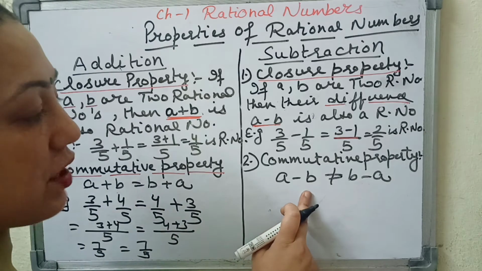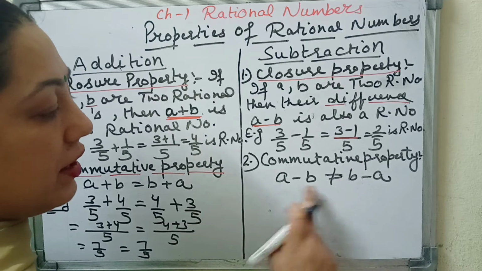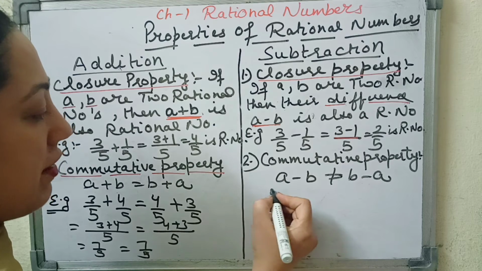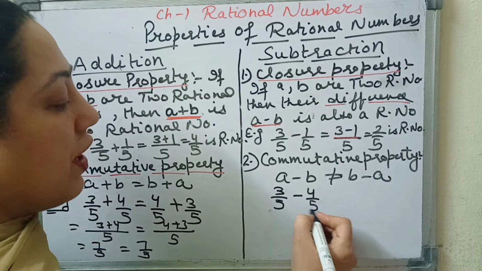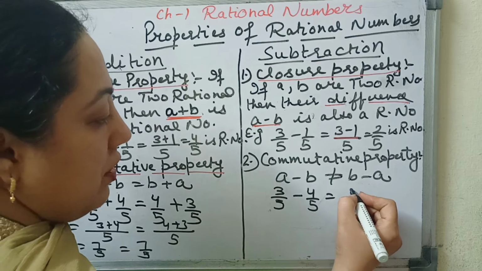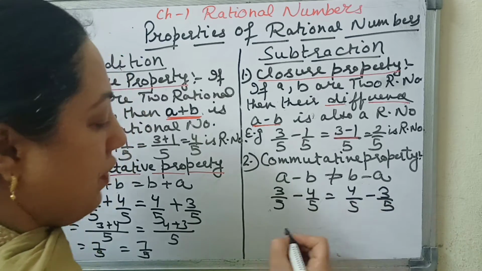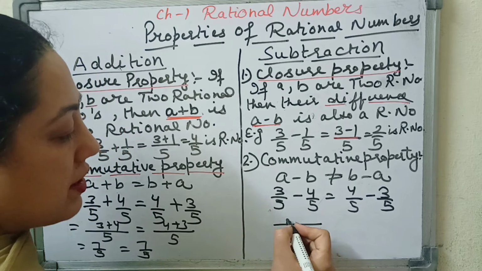But in case of subtraction, it is not so. When I change the order, the difference is not the same. Let us take the same example here also. Let us take A as 3 over 5 and B as 4 over 5. Now I will solve it. Again B, 4 over 5 minus 3 over 5. When I take the difference, you will see the answer is not the same.